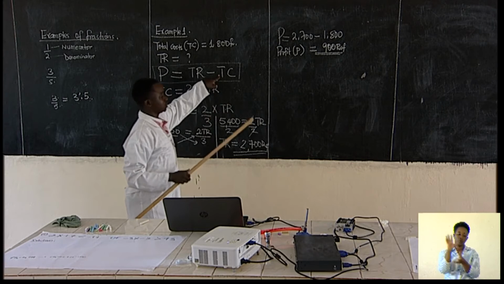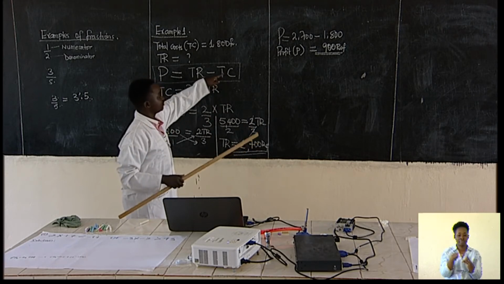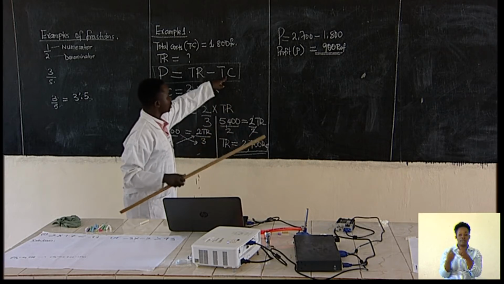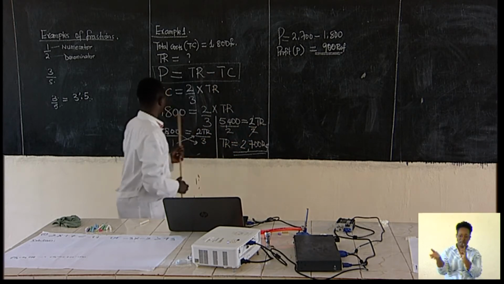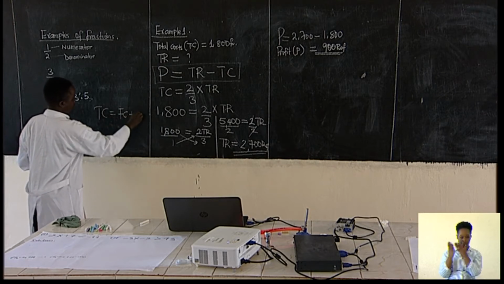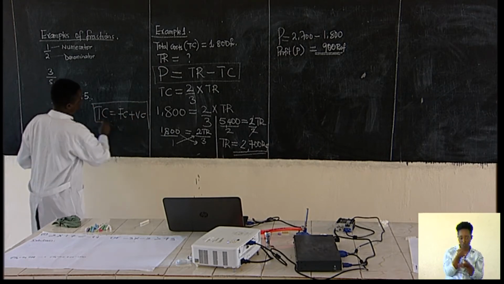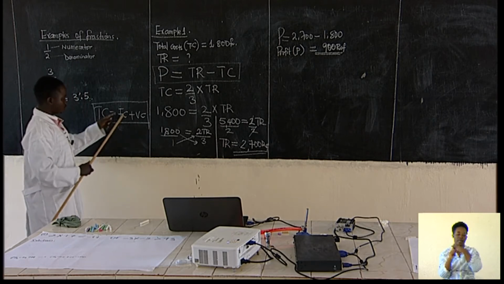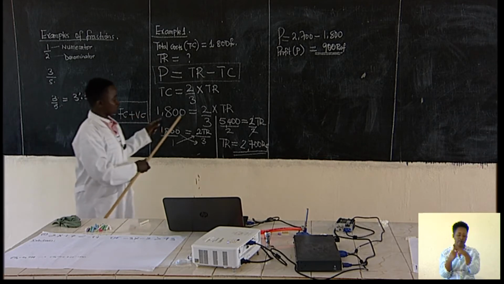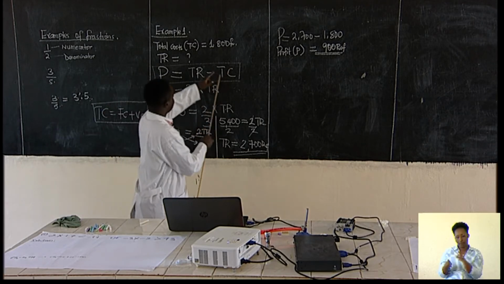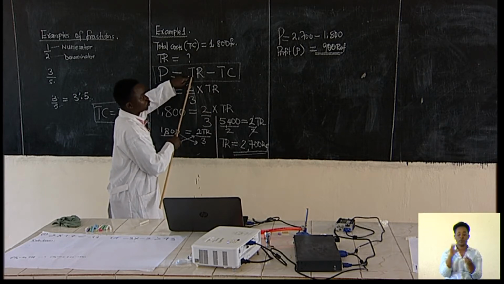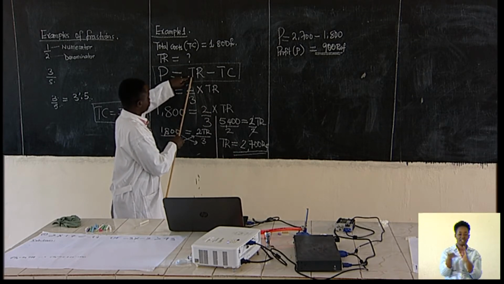Total cost is equal to fixed costs plus variable costs, those which don't change with output level plus those which change with output level. When you subtract them from total revenue, you'll be able to get the profit.